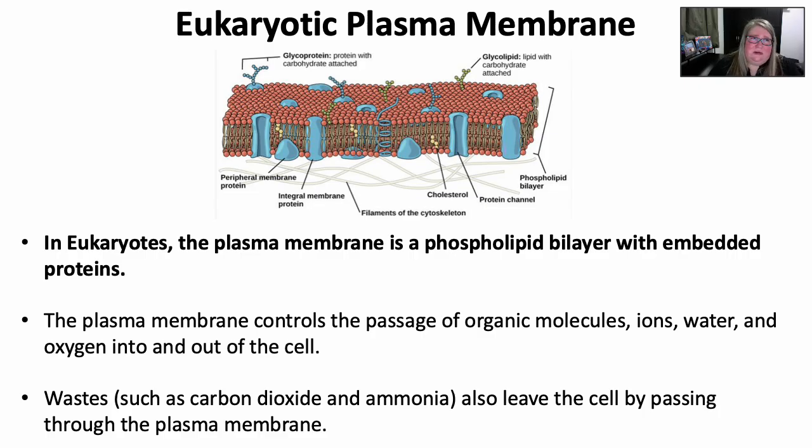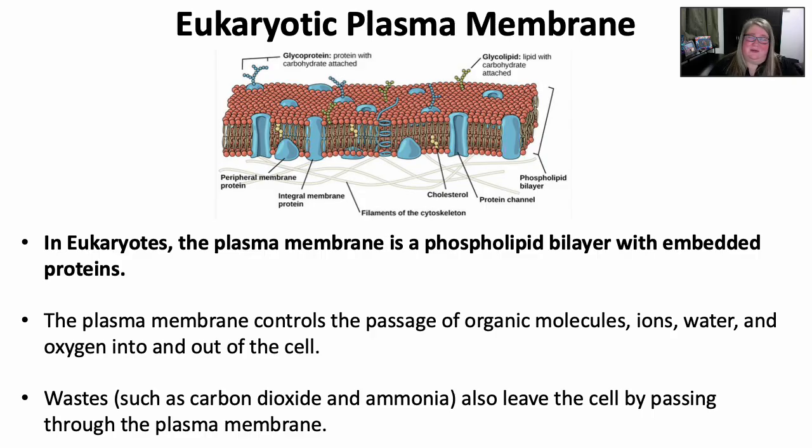So in eukaryotes, we're going to have embedded proteins. So will prokaryotic cells. They're just going to be slightly different. Now, these proteins are really important because they're going to help with what's called transport, and they're going to help with cell structure and cell stability. Transport-wise, some of these proteins are going to allow things to come in and out of the cell.